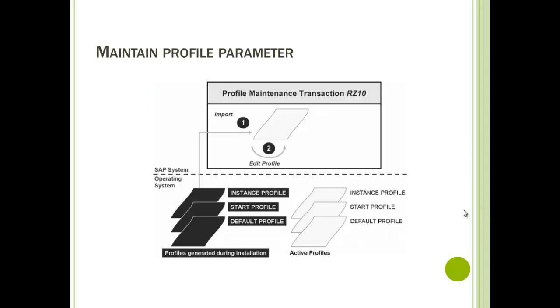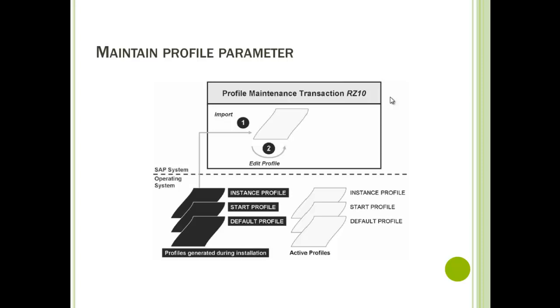Next, let us see how to maintain the profile parameters. You can maintain the profile parameters using transaction code RZ10. RZ11 we have used before for displaying the data; RZ10 you can use to maintain the profile parameters.